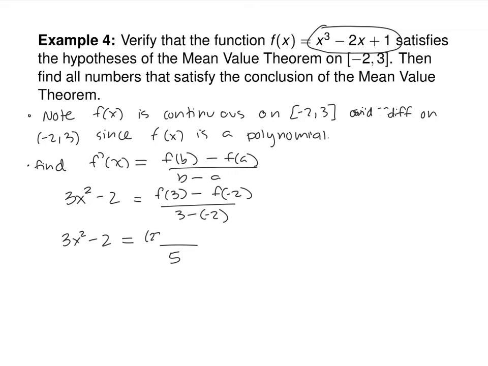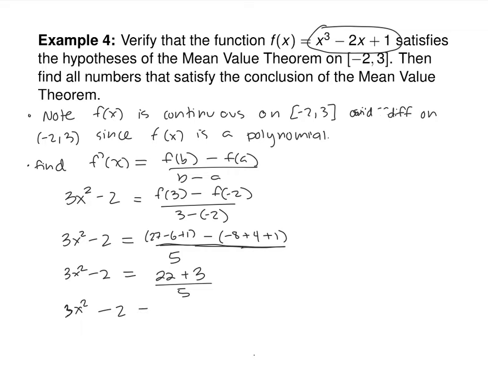You get 27 minus 6 plus 1, minus -8 plus 4 plus 1. That's 22 minus -3. Do you guys agree? So 22 plus 3 over 5. That works out nicely then, doesn't it? So 3x squared minus 2 is going to equal 5, I believe.